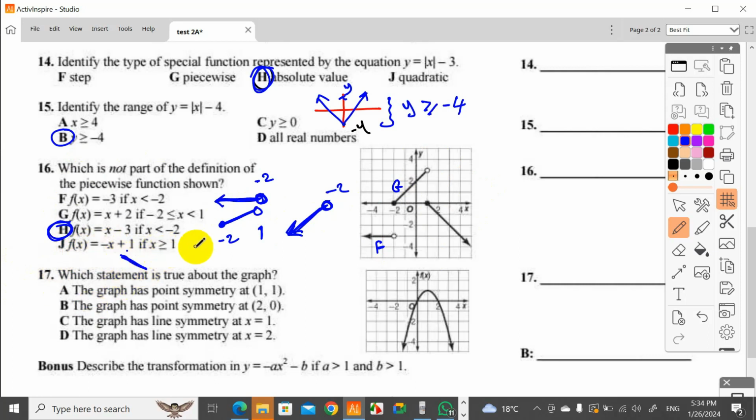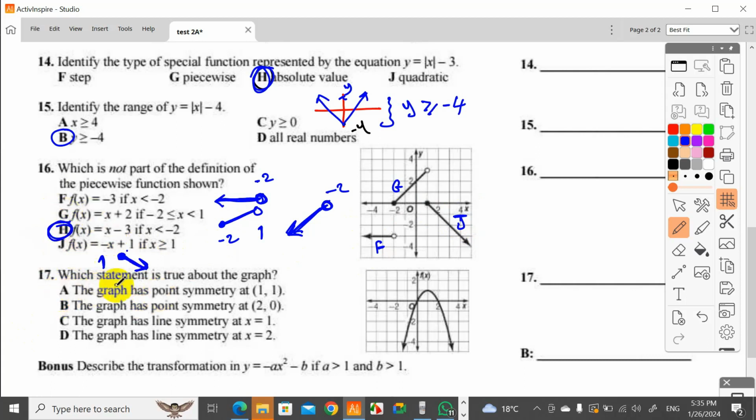X greater than or equal to 1. If this is 1, it will be closed, and something like this. So letter J is found in the piecewise function. So letter H is the one which is not found in the piecewise function. The correct answer will be letter H.